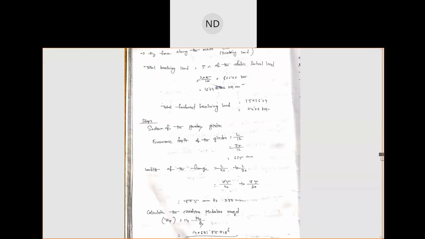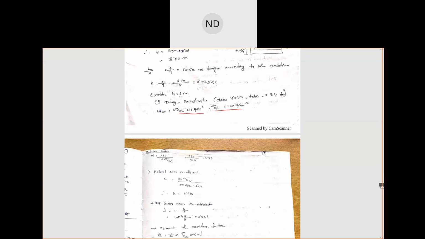Am I sharing my screen? I'll share with you all these notes, this PDF which I have for all the notes.